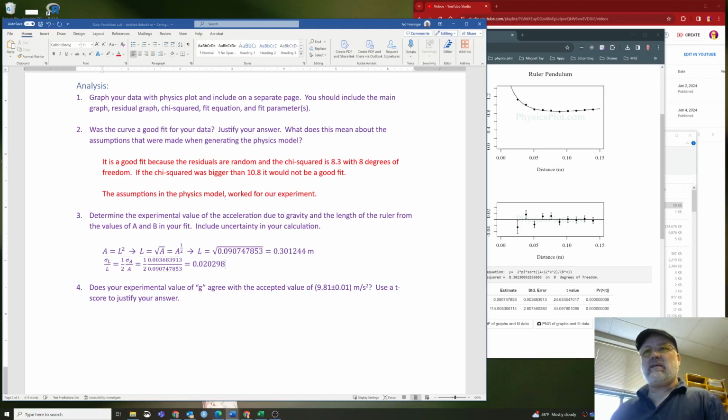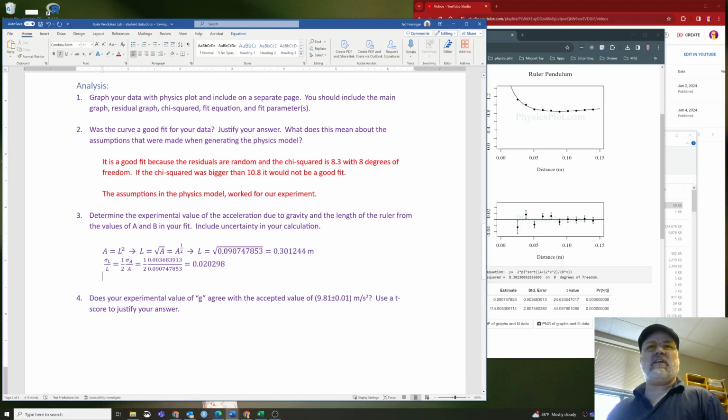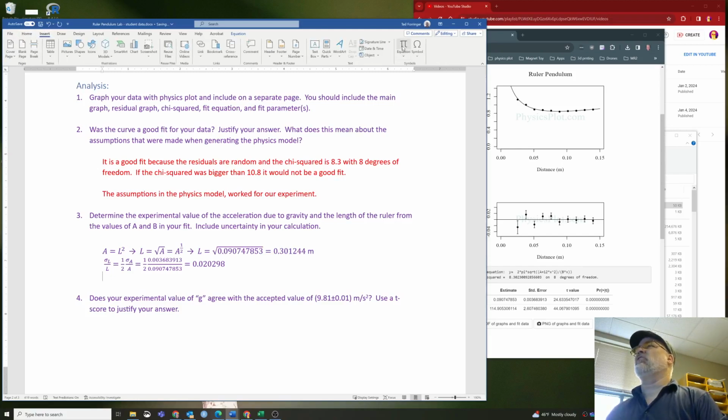And we're not done yet, because to find the uncertainty in L, we still need to multiply both sides by L. So this means that the uncertainty in L is equal to 0.020298 times 0.301244, which is equal to 0.006115.